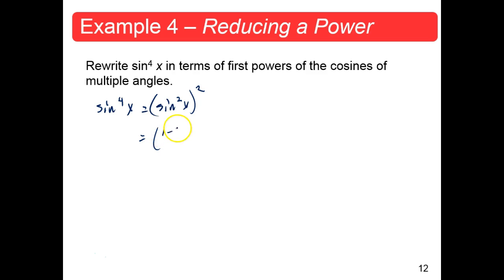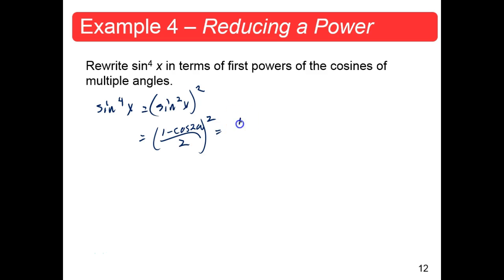1 minus cosine 2u over 2, but now we're going to square that, right? Okay? Now, not too hard to square that numerator, you just have to take your time, right?